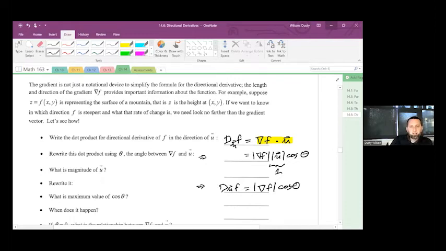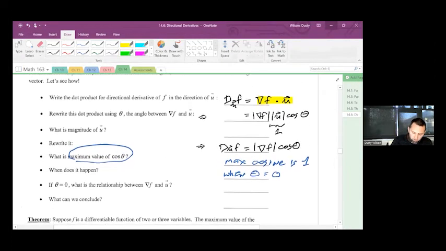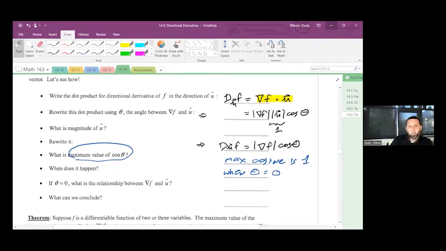What's the maximum value of cosine theta? Well, we know the max of cosine is 1, and it happens when theta equals 0, or 2 pi. So if theta equals 0, what is the relationship between the gradient and u? This would be saying that the gradient and u are in the same direction.